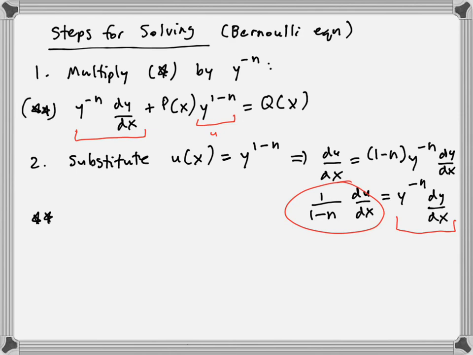So star star now becomes 1 over 1 minus n times du dx plus p of x times u is equal to q of x.